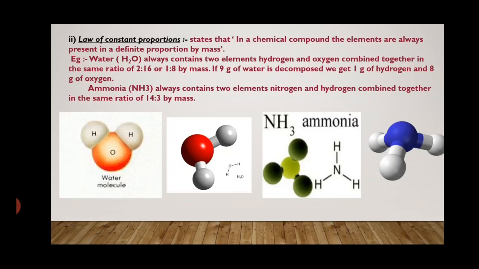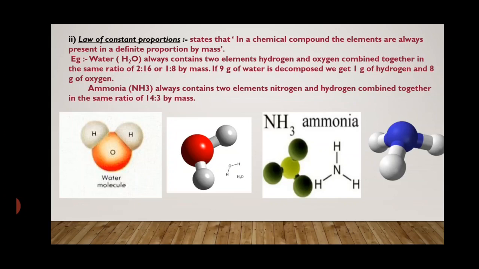Now, we will discuss the law of constant proportion or definite proportion. It states that in a chemical compound, the elements are always present in a definite proportion by mass. For example, water always contains two elements, hydrogen and oxygen, combined together in the same ratio of 2:16 or 1:8 by mass.